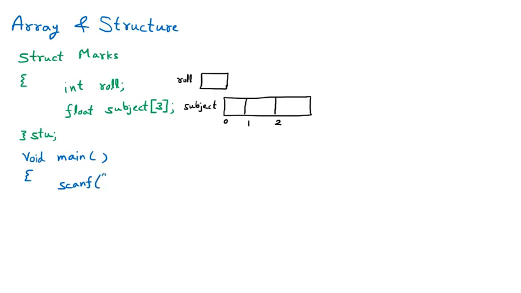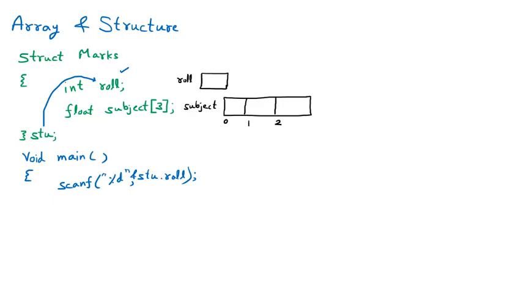If I have to take the input for the roll number, then %d for the integer value, comma, and to access the roll number we have to go via the variable. So we will say stu dot roll number, and because it is the input, an ampersand is applied. So this way the input is taken.